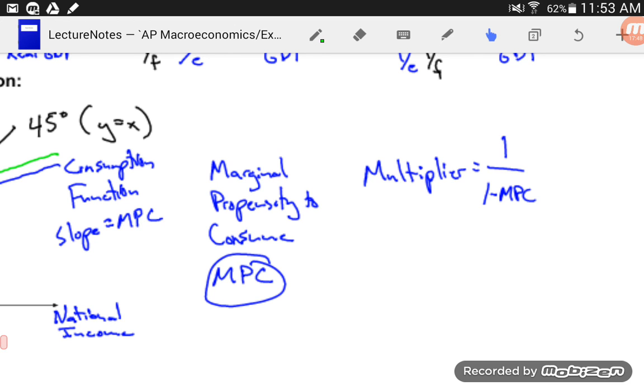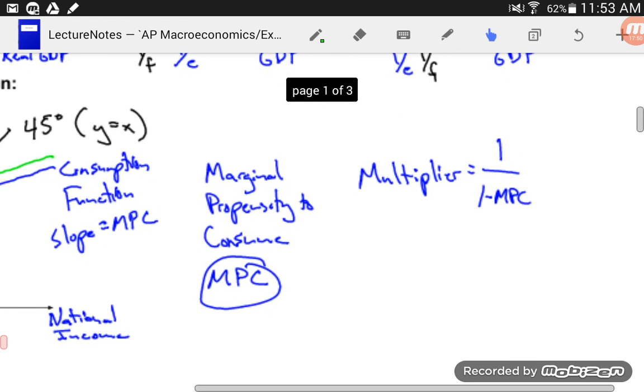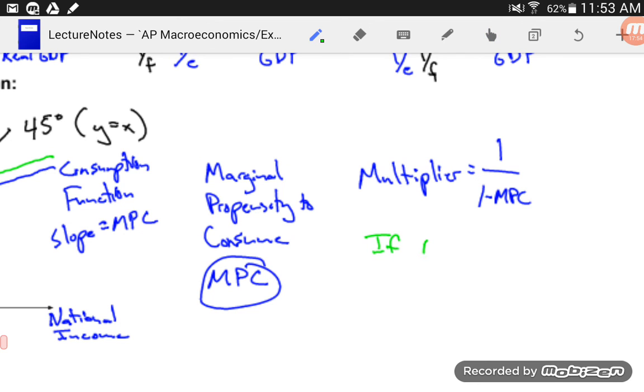So with this multiplier effect, let's just say the marginal propensity to consume is 0.8 and government spending increases by, we'll just use $1 million. Government increases spending by 1 million.